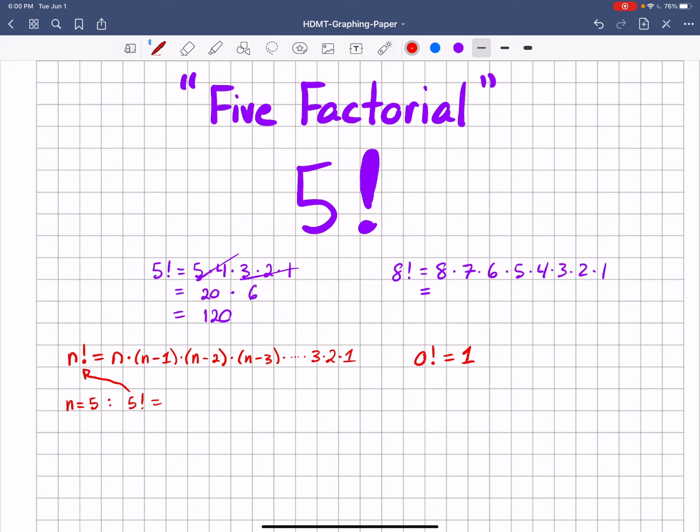So n is 5, which is n, times n minus 1, which is 5 minus 1, which is 4. n minus 2 is 5 minus 2, which is 3. And we're going to keep going down all the way until we get to the number 1. It may look intimidating, but now you know how to deal with factorials.